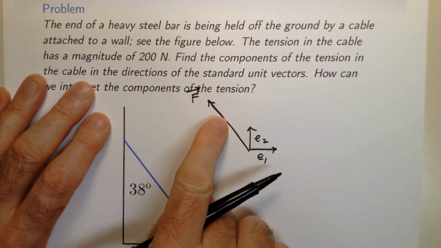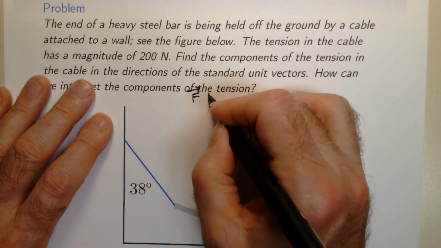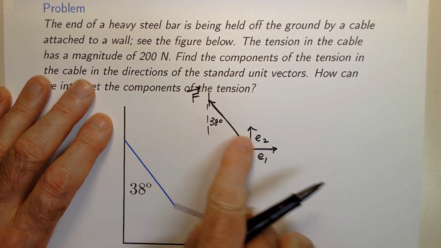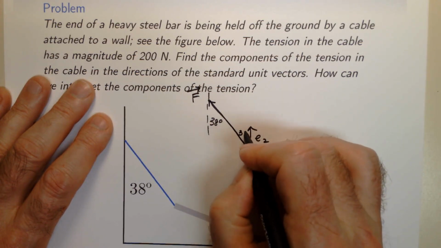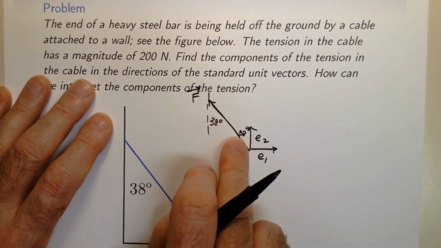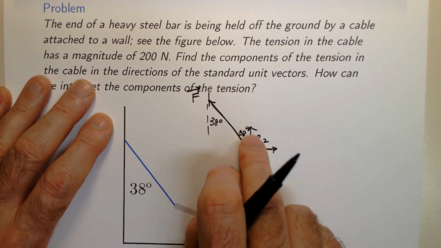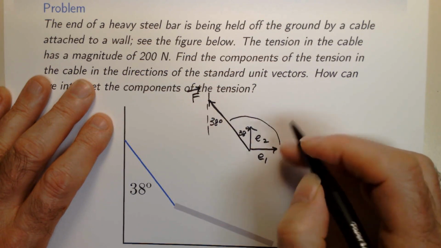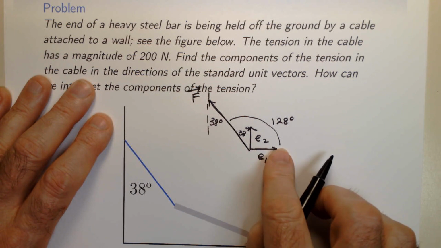Now we know that it has a magnitude of 200 newtons, and we know that it makes an angle with the wall of 38 degrees. Because these are alternate interior angles, that's also going to be 38 degrees here. So the angle that our force vector is making with E2 is known to us: 38 degrees. And by adding on the 90 degrees, I know that it's making an angle of 128 degrees with E1.